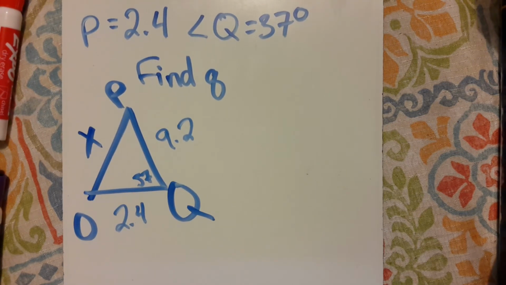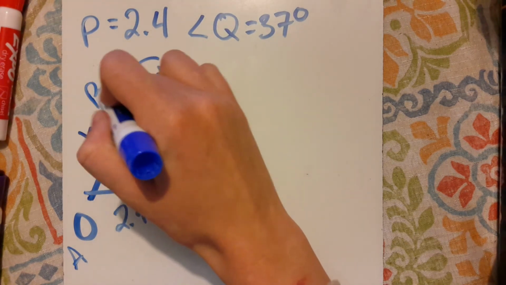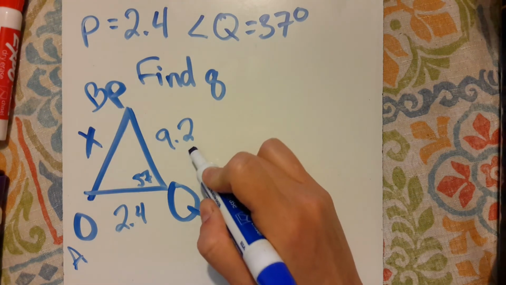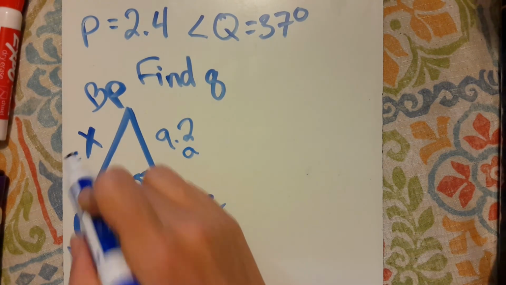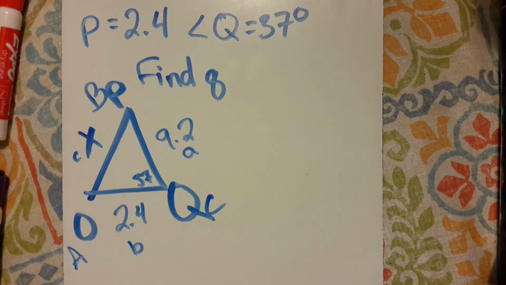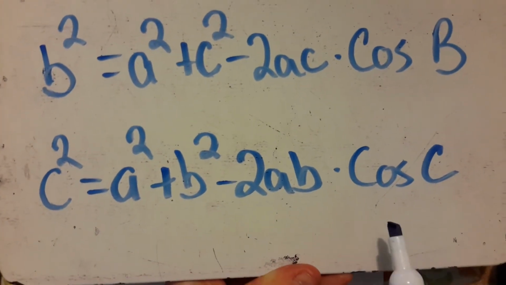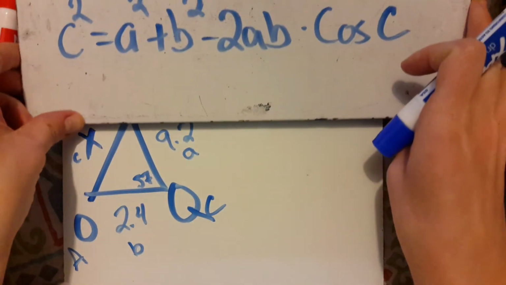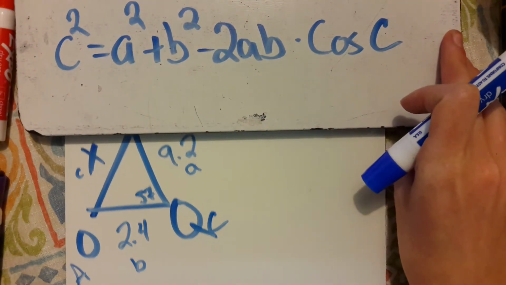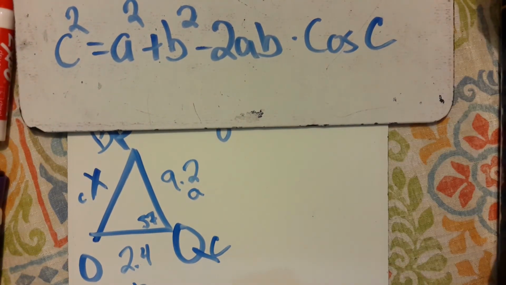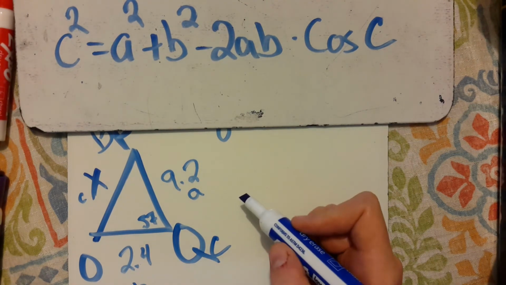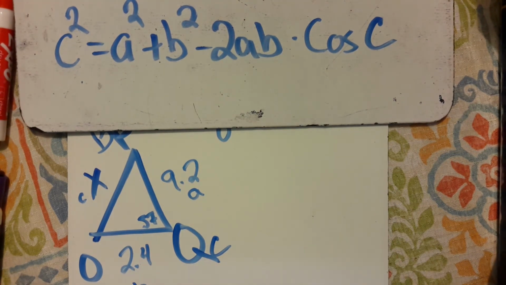So what I like to do is just pretend for a minute. What if this was A instead? This is B, this is C, that makes this A, B, C. Now it's much easier for me to look at it in terms of my ABCs over here. I know angle C. So it turns out I'm actually using the same formula as last time. Now let's write that formula.